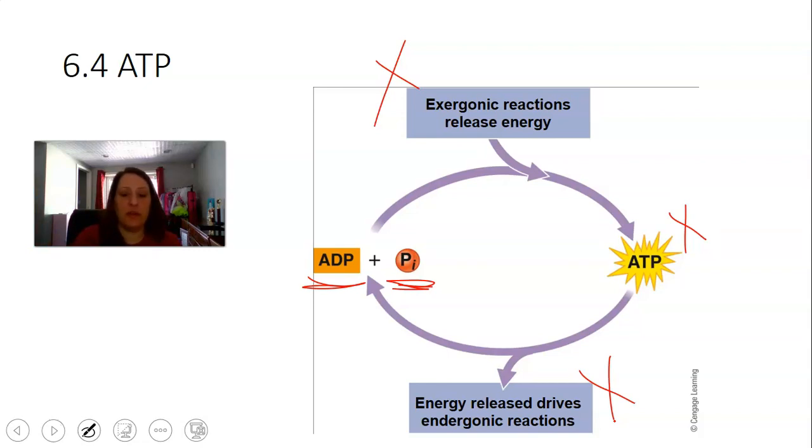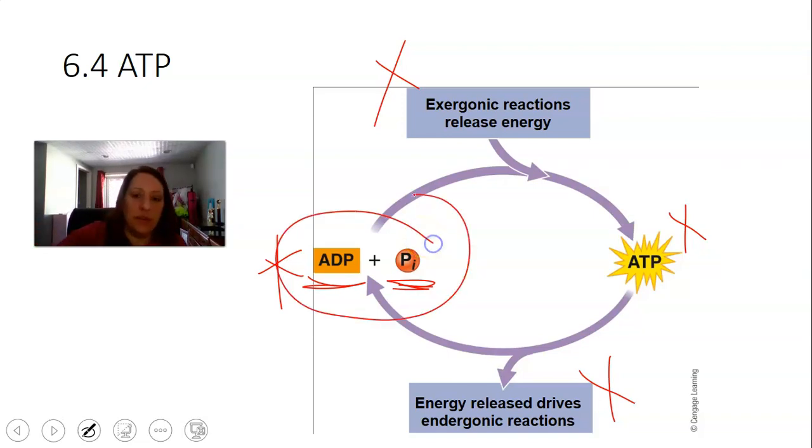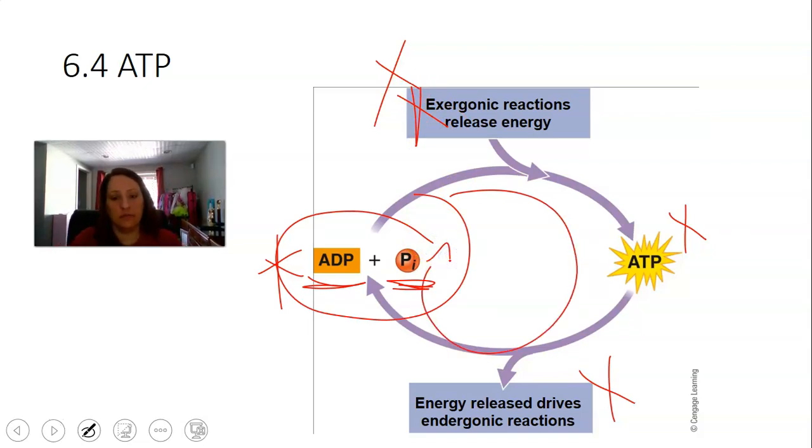And so what you're left with at the end of the process that requires energy is ADP, adenosine diphosphate, and that third phosphate group that's now not attached, so we call it inorganic phosphate. And again, these will be put back together through exergonic reactions, and the cycle continues. So it's a cyclical event here.